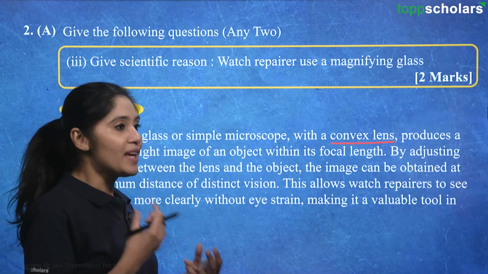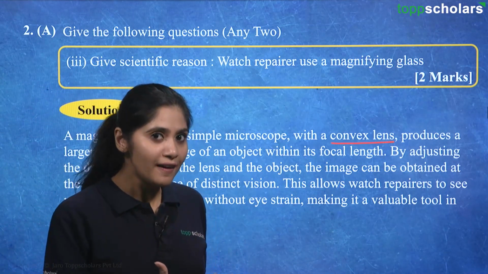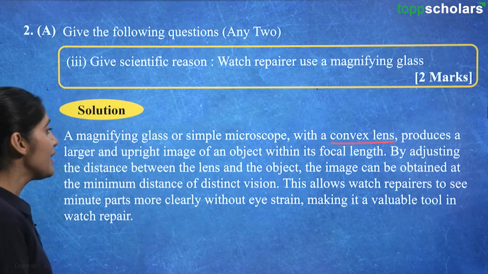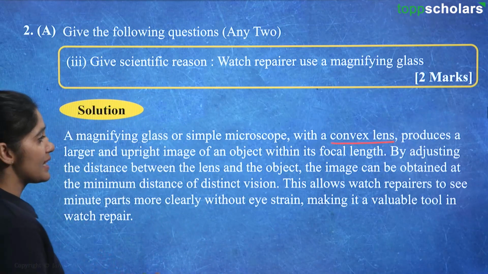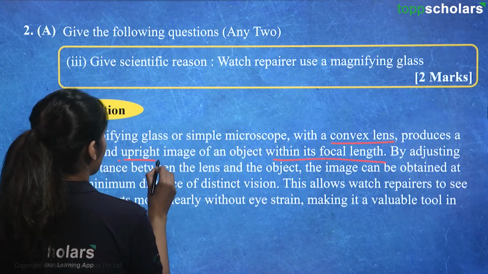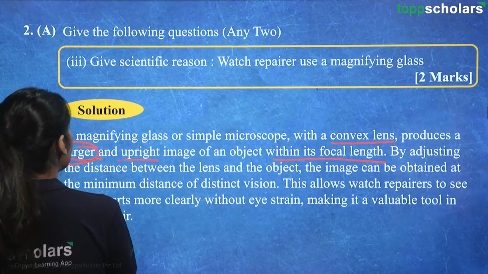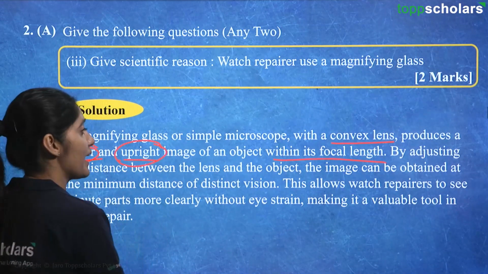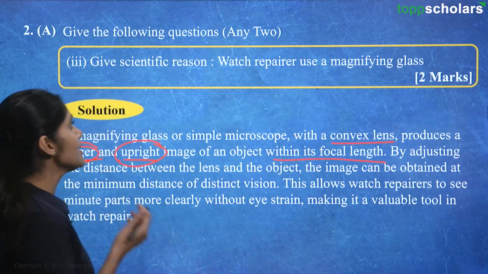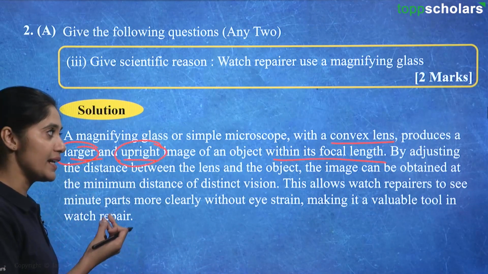So, if we have small tiny parts in the watches, they are going to get magnified, right? Whenever an object is placed within its focal length, it produces an upright and larger image. So, we needed this only, a larger and upright image. That is the reason why the watch repairer uses this kind of lens.